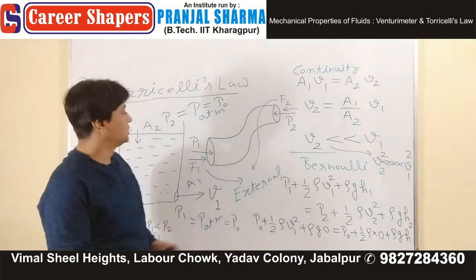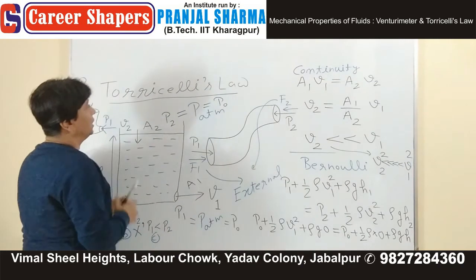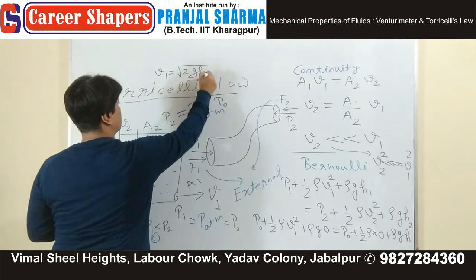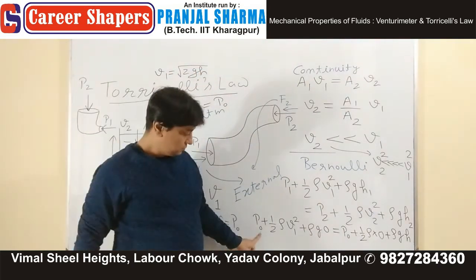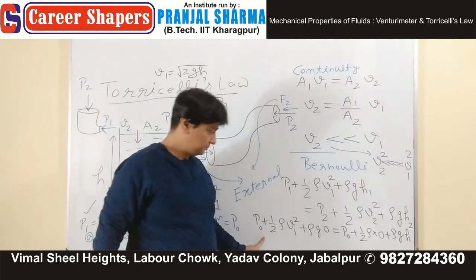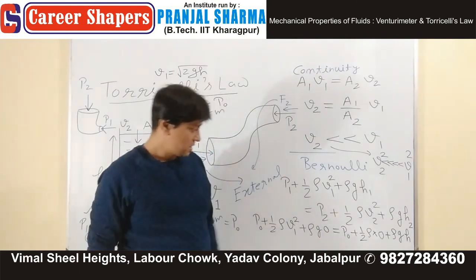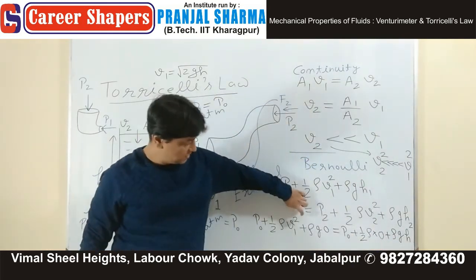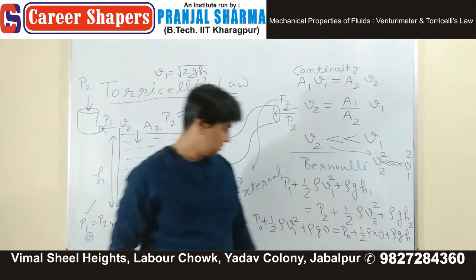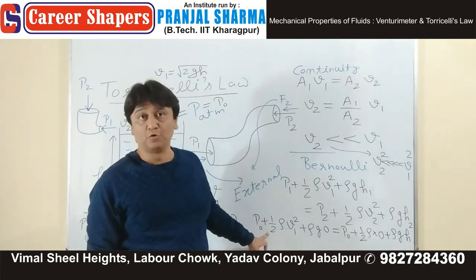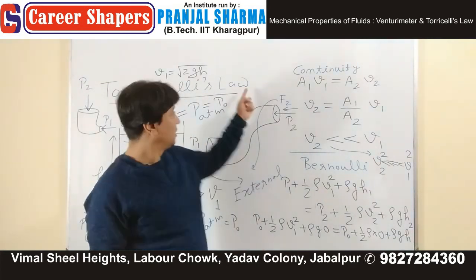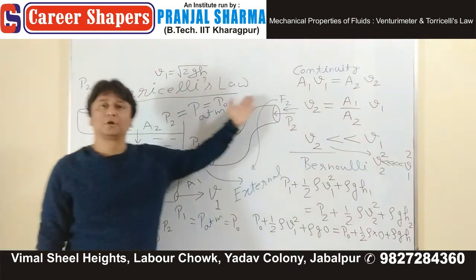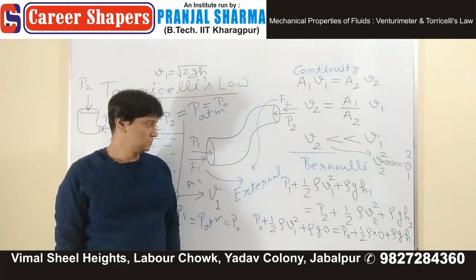And this immediately gives us V1 as root over 2GH. Cancel P naught and P naught. Rho cancelled. V1 square is coming GH. And you have a term of 2 as 1 upon 2. Shift it there. And you arrive at V1 equals root 2 GH, which is Torricelli's law.